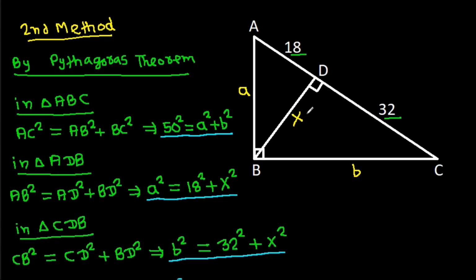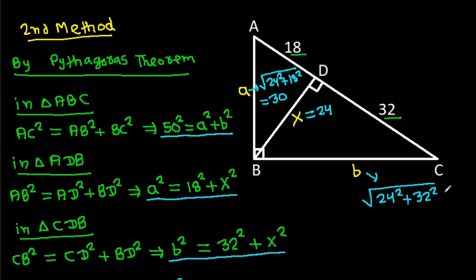So we get X is 24, and A, it will be a square root of 24 square plus 18 square, that will be 30, and B, it will be a square root of 24 square plus 32 square, that will be 40.